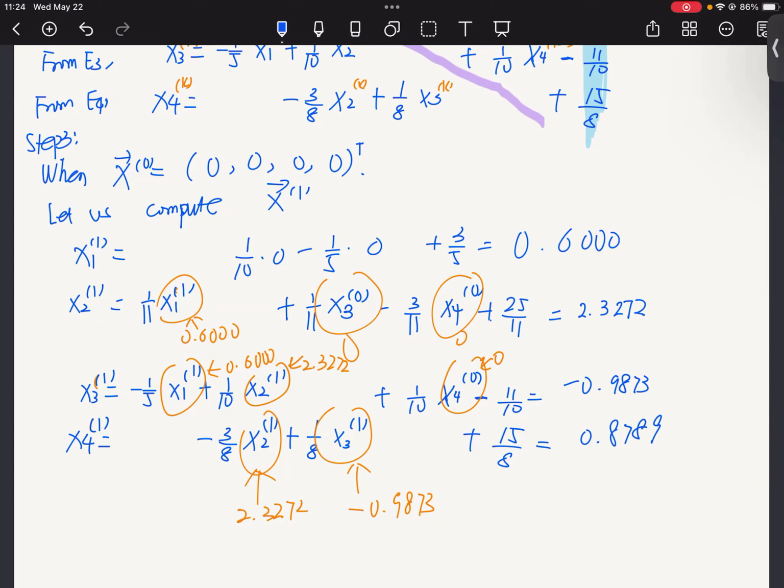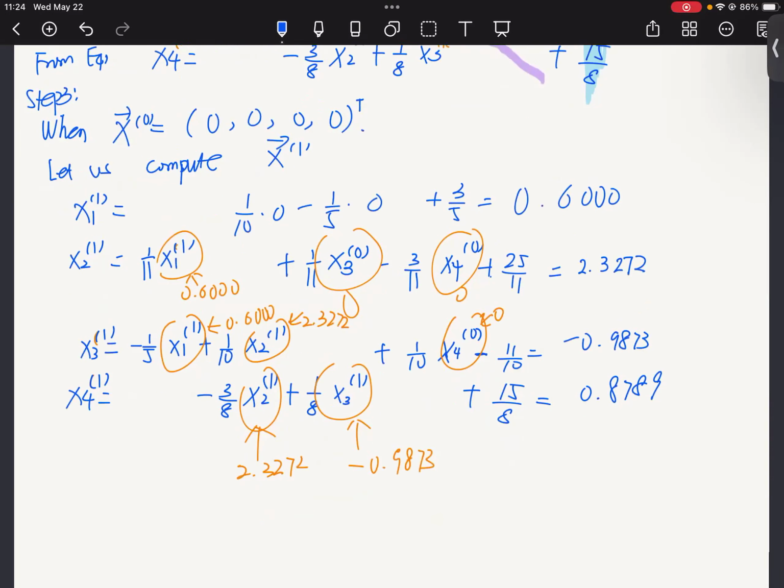For each numerical method, especially for these iteration methods, we usually have a stopping criterion. I mentioned the stopping criterion before.